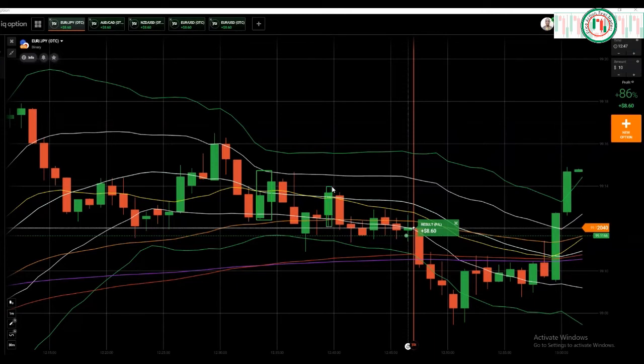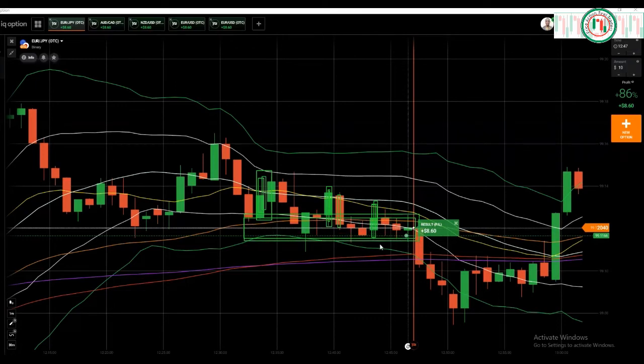Here is another engulfing, and here is another engulfing. So the whole area here is a zone, because this engulfing touches this engulfing, and this engulfing touches this engulfing. So all of them are in the same zone, and it's very, very strong.